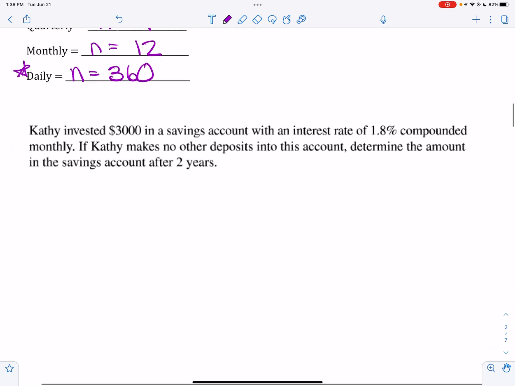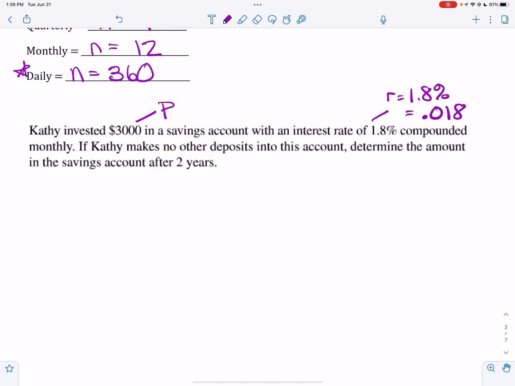Okay, so we're going to use this formula and now plug it in. And really, this is just a calculator operation. I'm going to show you how to write it out, then I'm going to show you how to write your steps using the calculator. So first and foremost, identify this is your principal. This is your rate, which I'm going to write as 0.018.